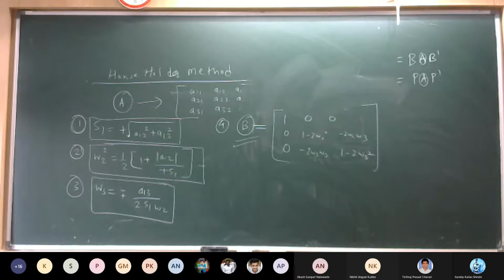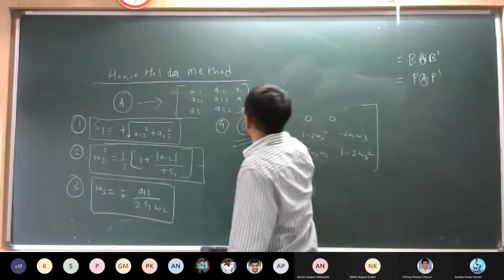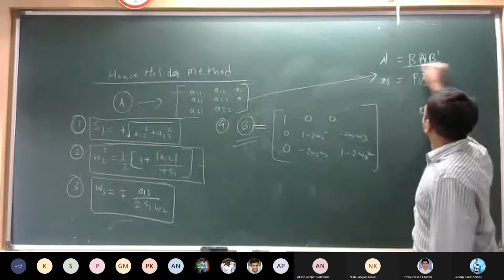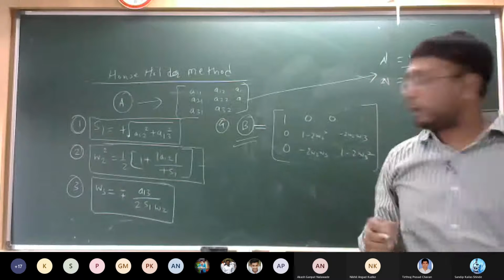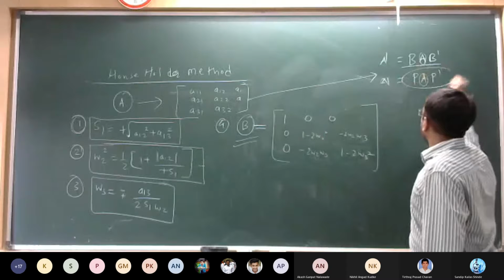Now the next step is to multiply that B with the A matrix and again with B dash. This way the given A matrix can be converted into the tridiagonal format. Most problems in engineering require converting the given matrix into the tridiagonal format.